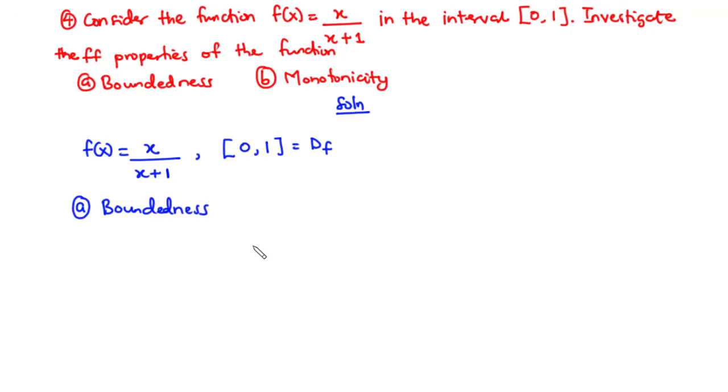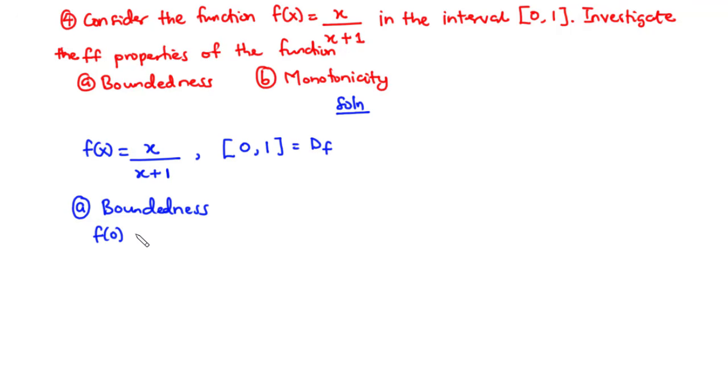Now a function is said to be bounded if it is bounded below and above. Now let's try to find the image of the element in this interval with respect to this function. So basically we are going to use 0 and 1.